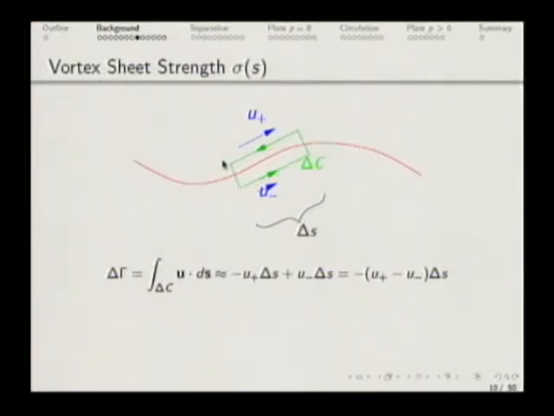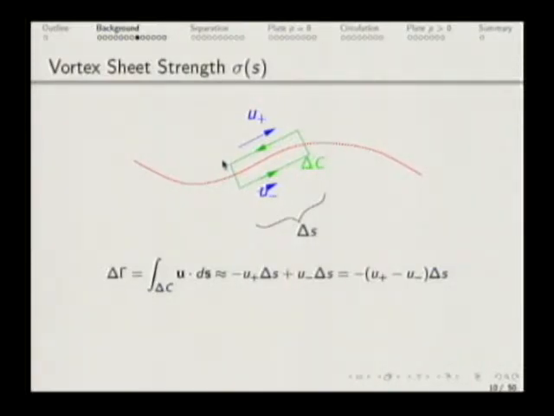So it's the circulation around that little piece. In this region below, where I'm calling the velocity u minus, if this is very small, I can assume the velocity is constant. So the contribution from below is u minus times delta s. From above, the component of u dot t is minus u plus. So from above, I get the contribution of minus u plus delta s.